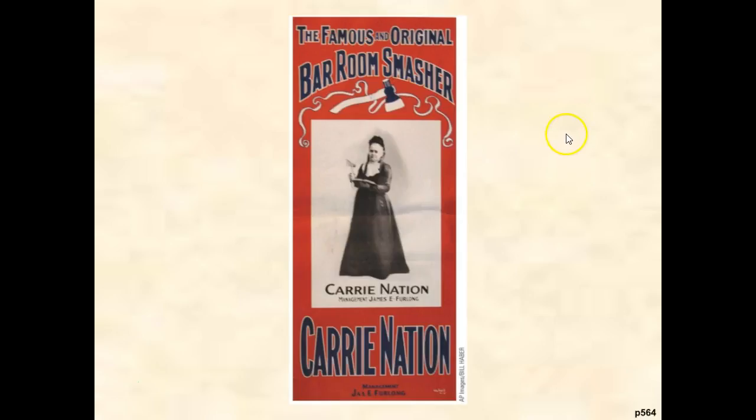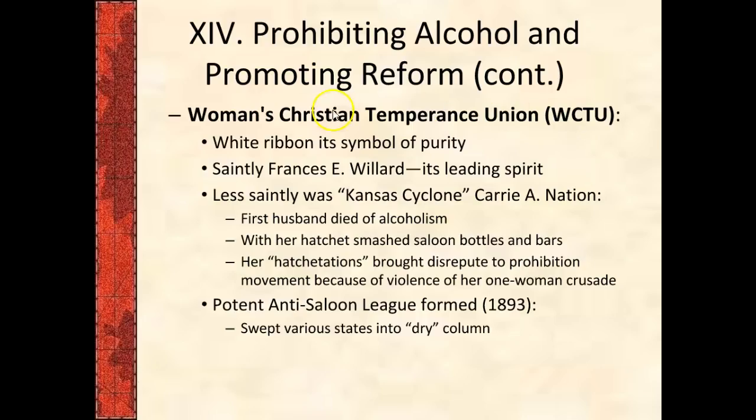She would then get locked up, and then she would be released because a lot of her supporters in the WCTU would then send her bail money and new hatchets to replace the one that got confiscated. So when she showed up at the door, she'd say, "Hello, sinners," and she'd start swinging her hatchet at alcohol. She was a very powerful demonstration of how she could then start fighting back against alcohol.